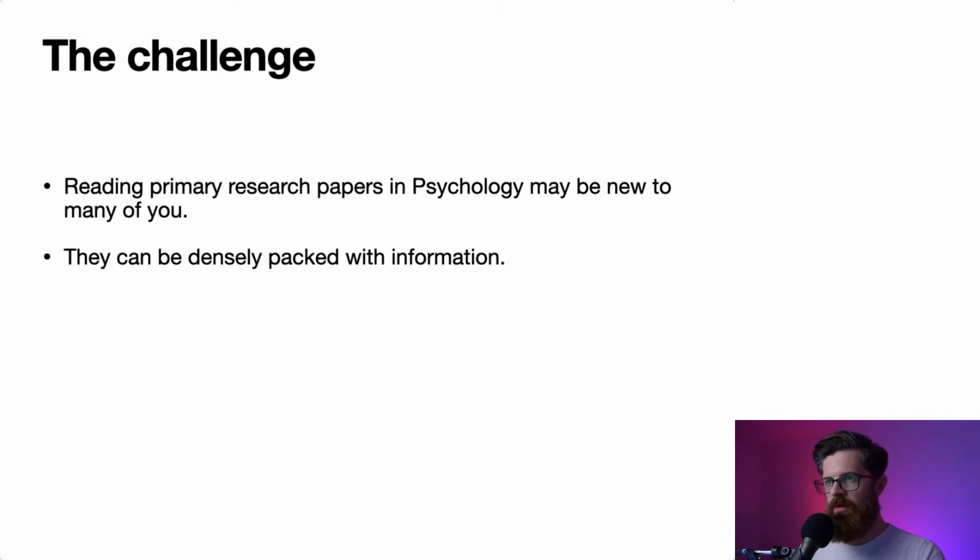And often what you'll find is that papers can be densely packed with information. Primary research papers are not written for a general audience, although you'll find that the more general and high impact the journal that the paper is in, the more broad the writing is aimed at.